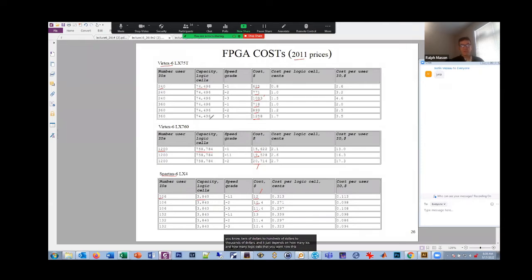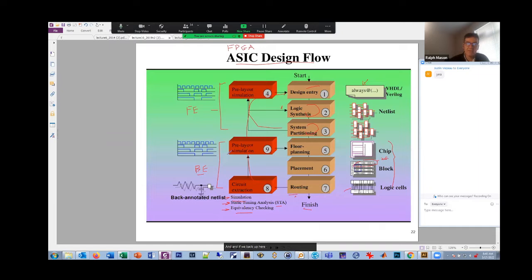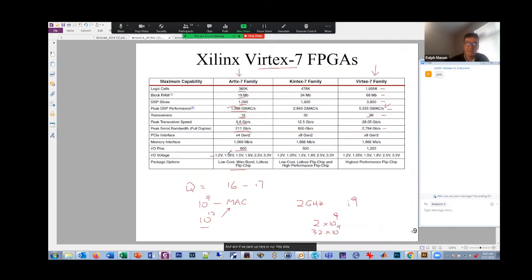Now this is pretty old in comparison. Like the top end of this is 2011. The top end was like 750,000 logic cells. And if we back up here to our little slide, this is what you're using in the lab. So this is 300,000 logic cells, so about half as many in the lowest end of the Virtex 7.